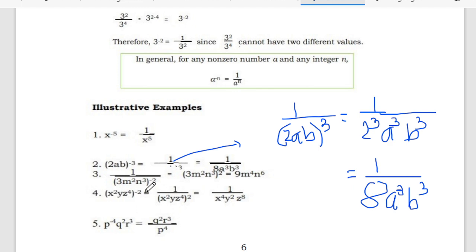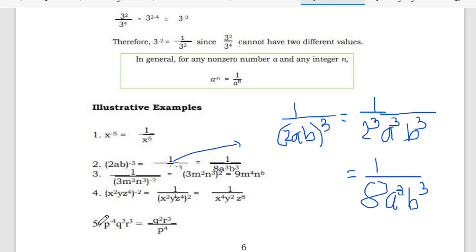For number 3, the same process as number 2. This will become 1 over the quantity, then raised to 2, you just multiply the exponents. 2 times 2 is 4. Understood that there is a 1 there, so 1 times 2 is 2, and 4 times 2 is 8.